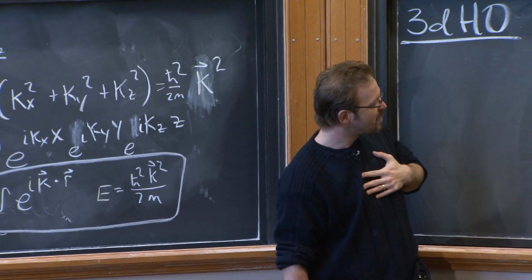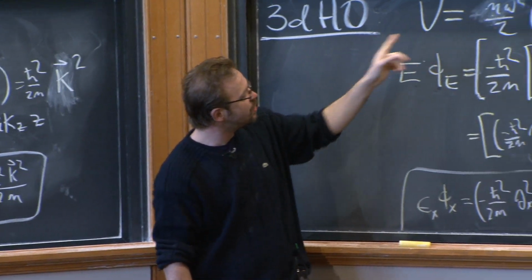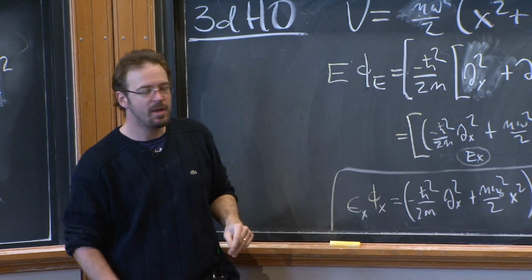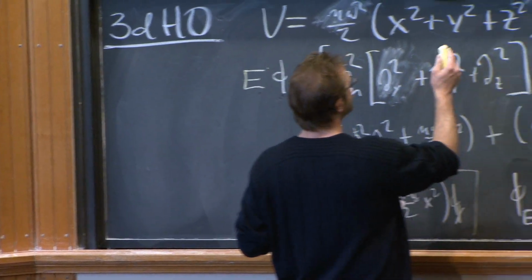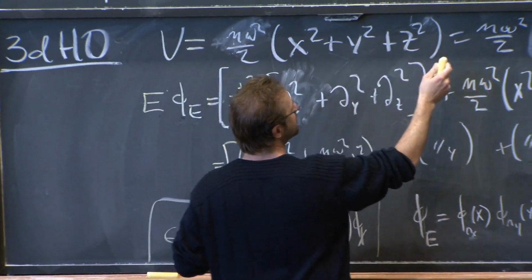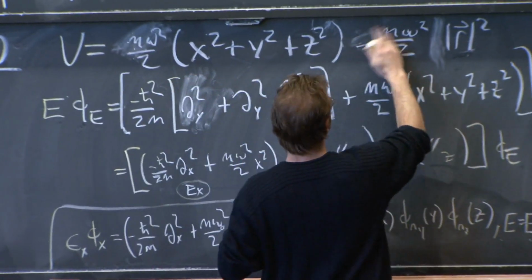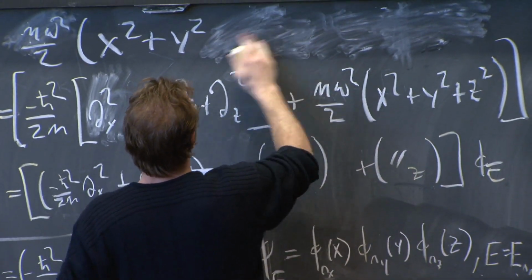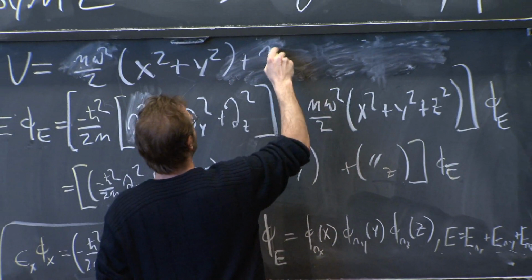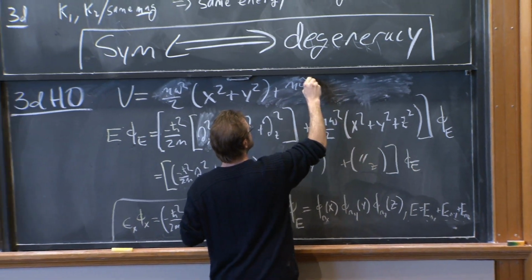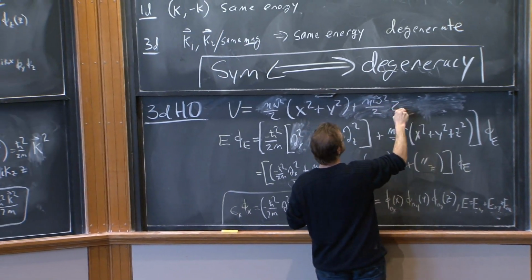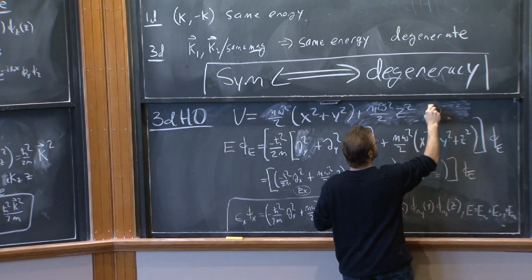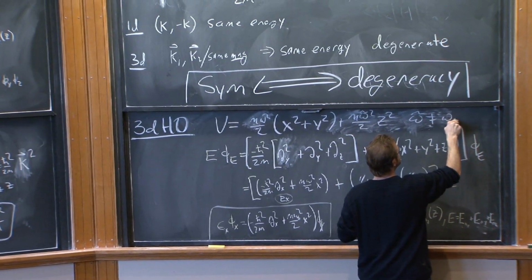Imagine that this potential was not exactly symmetric. Imagine we made it slightly different by adding a little bit of extra frequency to the z direction. Make the z frequency slightly different. Plus m omega tilde squared over 2 z squared, where omega tilde is not equal to omega naught.